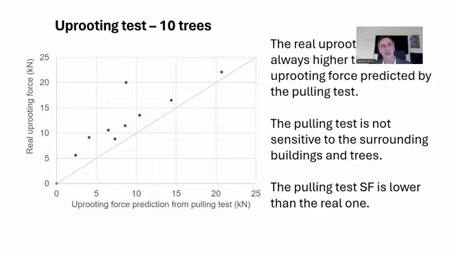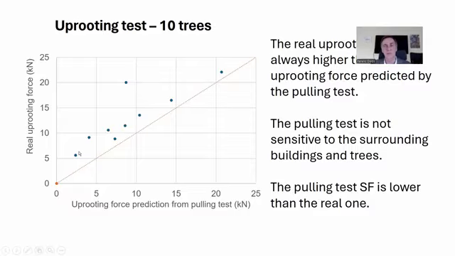This graph shows you 10 trees where we stopped at 0.2 degree, used our software, and predicted the uprooting force. This is the horizontal axis. On the vertical one, you can see the real uprooting force that we measured, and we compared them. For all 10 trees, we can state that the real uprooting force is higher than the predicted.